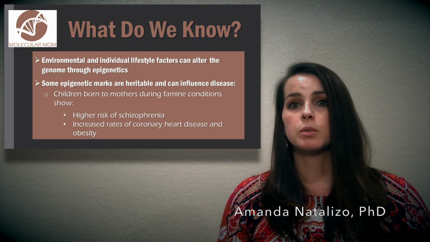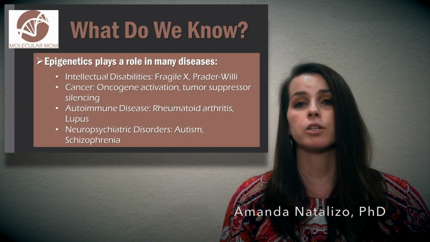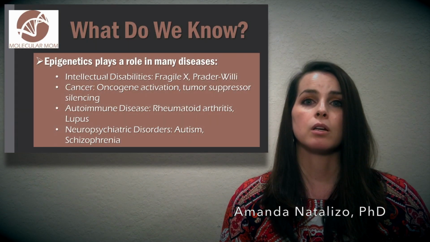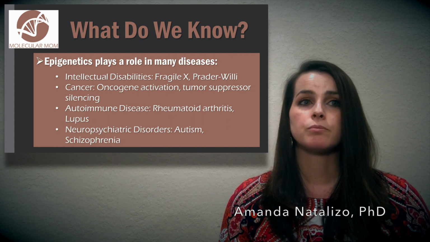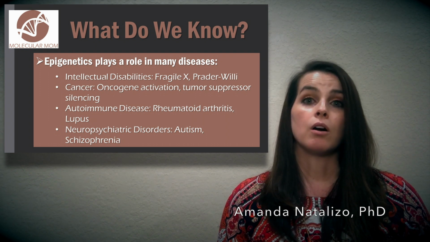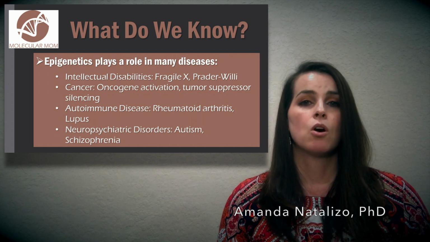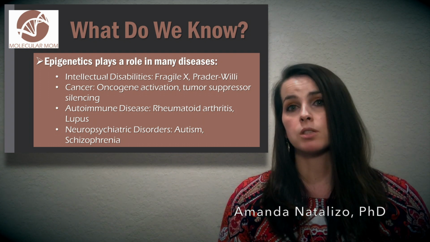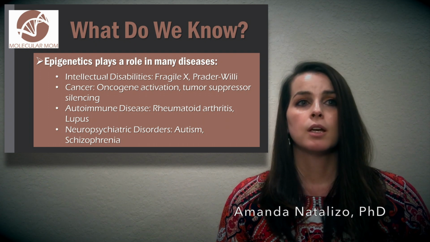Intellectual disability, for one: there's Fragile X, Prader-Willi syndrome, and a couple of other intellectual disabilities where we know that gene expression due to epigenetic marks is important. Cancer is another one. You can have oncogene activation in cancer due to epigenetic marks, or you can have tumor suppressor silencing, and that can lead to cancer.